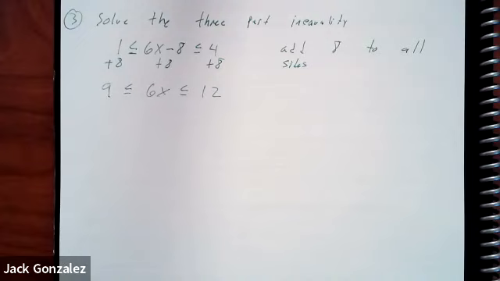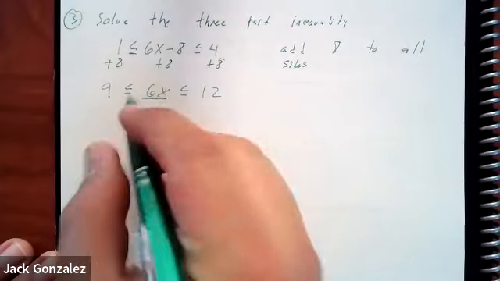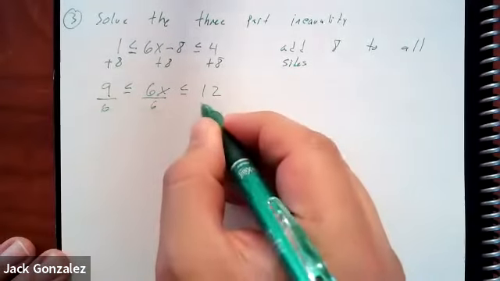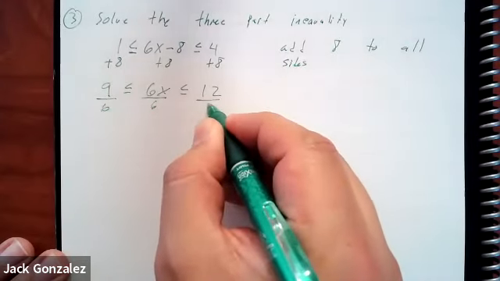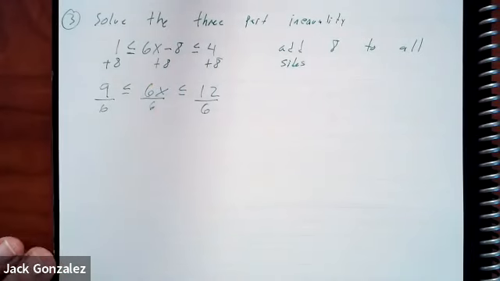Okay. What do we do next? We're isolating that x, right? So we have to divide by 6, because if we subtract the 9, then we'd bring it back to the middle. Whatever we do, we have to do to all 3 sides.